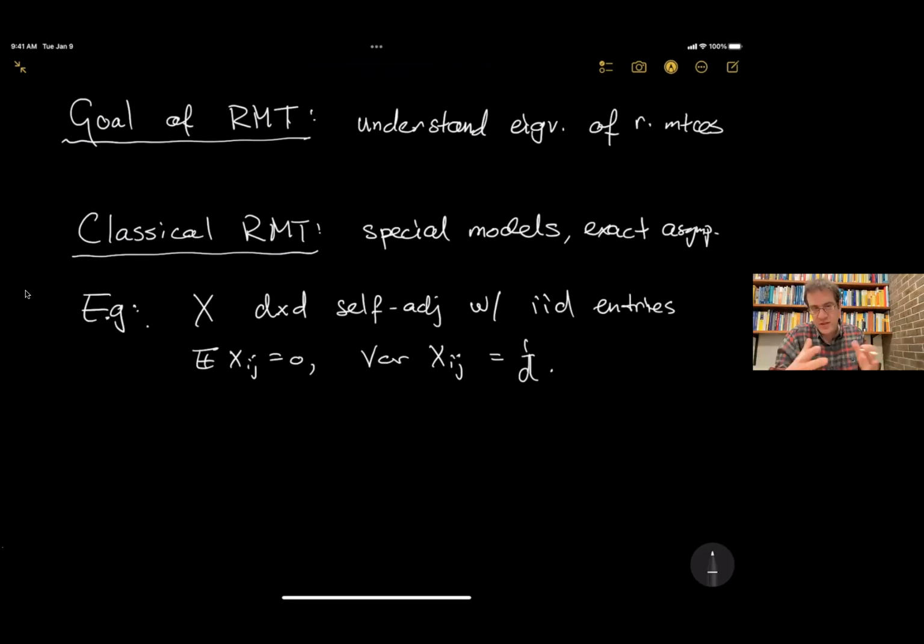So these matrices form a natural family of matrices of increasing dimension, and we can try to look at what their eigenvalues look like as I let the dimension go to infinity. And these are called Wigner matrices.